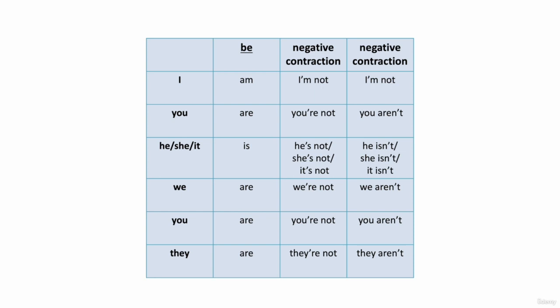Both ways to contract are correct. There is no difference between the two except its form. It's important to be able to recognize both to improve your reading and listening comprehension skills. But you are free to choose whichever contracted form feels most natural and easy to you.